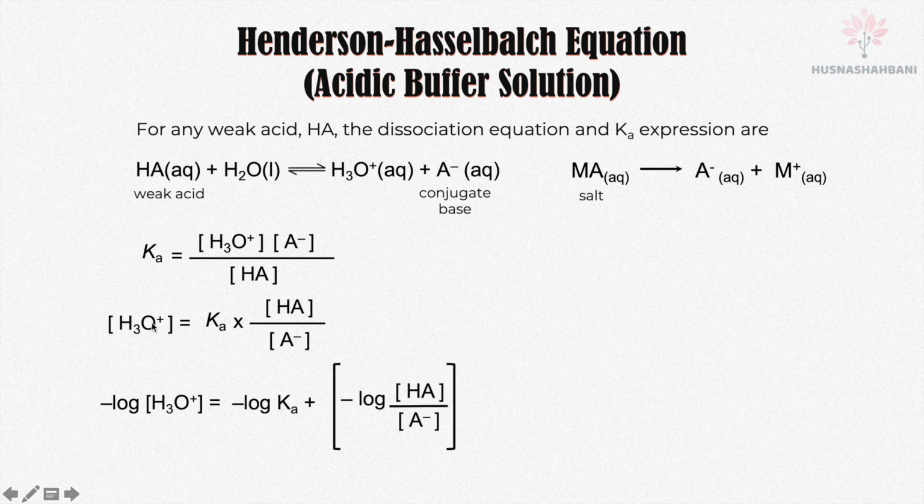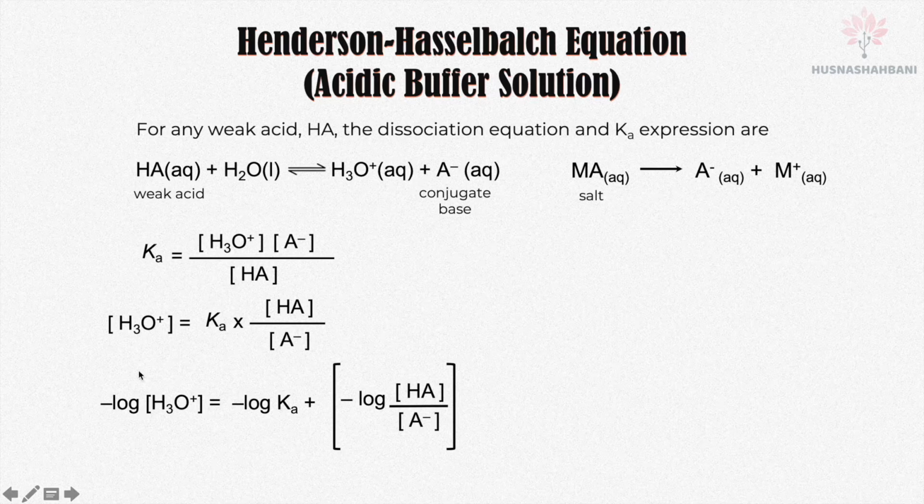And then we put the negative log on everything: negative log H3O+ equals negative log Ka plus negative log HA over A-, because here it is multiplied.